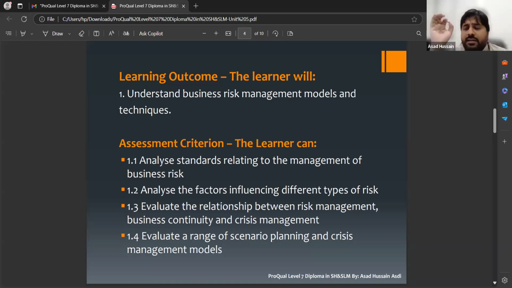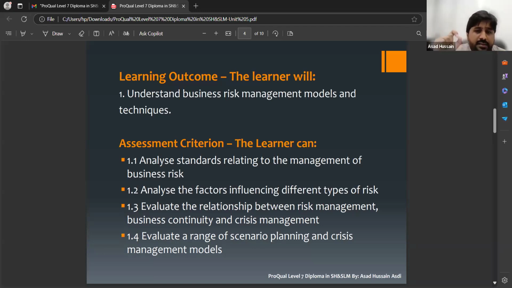Whenever there is a business, whenever there is an organization working for any purpose, they need business continuity. Without business continuity, they can't move forward or achieve their aims and objectives. So definitely there is a strong relationship between risk management, business continuity, and crisis management.